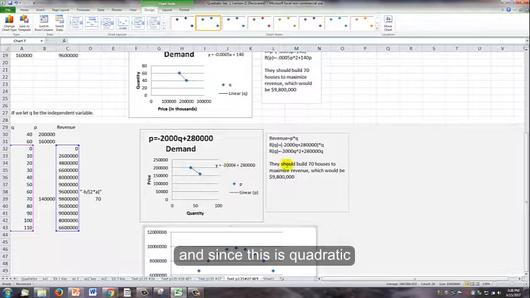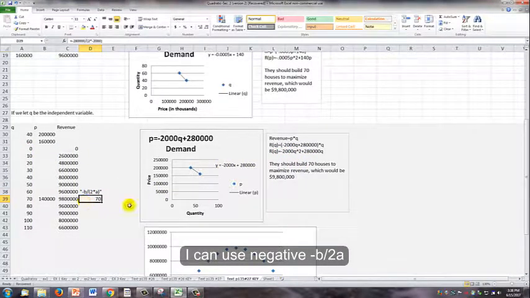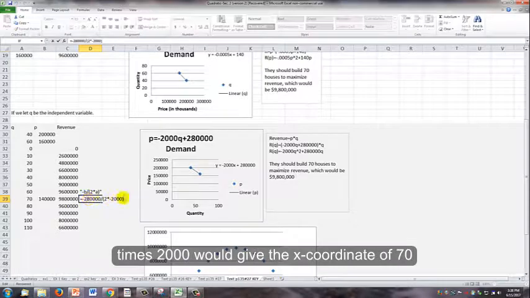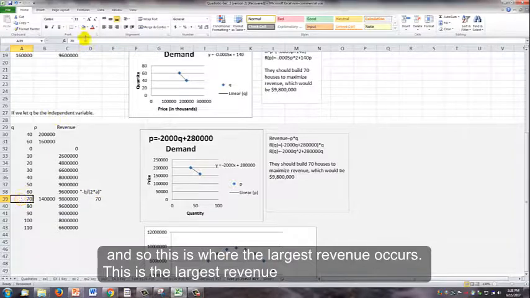So what we're looking for is the maximum revenue, the largest revenue. And since this is quadratic, I can use negative b over 2a. So negative 280,000 divided by parentheses 2 times 2,000 would give me the x coordinate of 70. And so this is where the largest revenue occurs. This is the largest revenue.